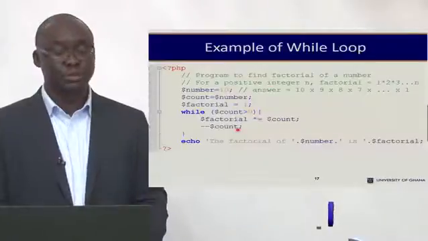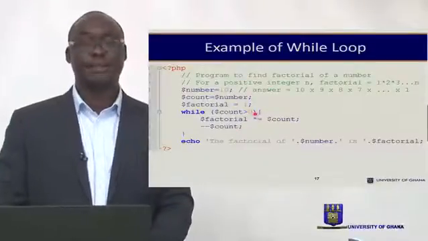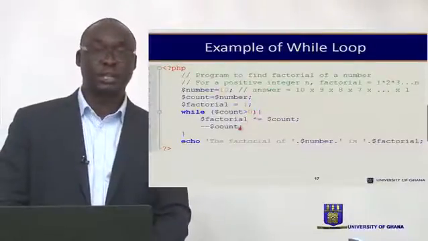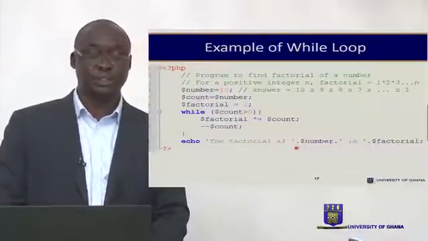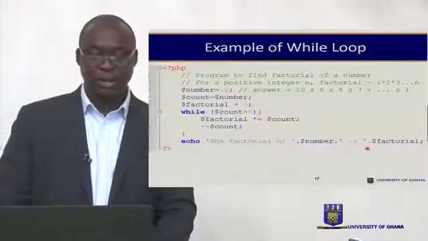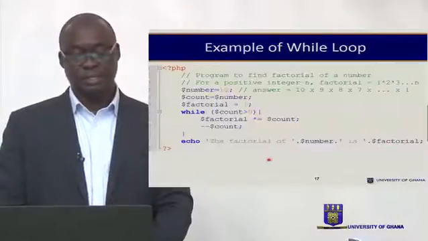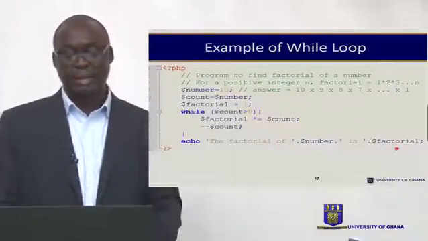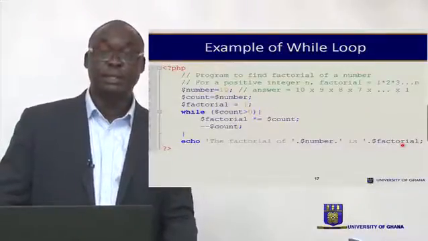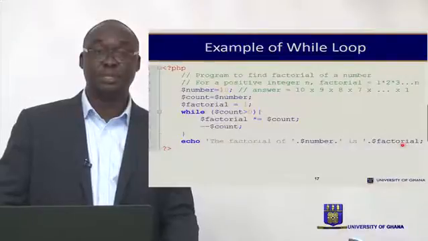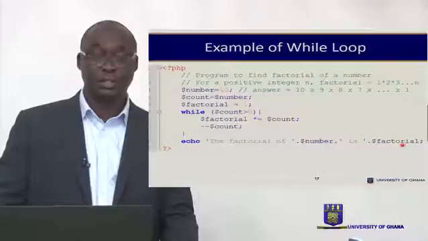So this process continues until count goes to what? 0. Once count gets to 0, this loop will not be executed again, and then we would have finished computing our factorial, and then we output it as the factorial of this number is factorial. So you can copy this, or you can retype this in your PHP script and execute it to validate the code.